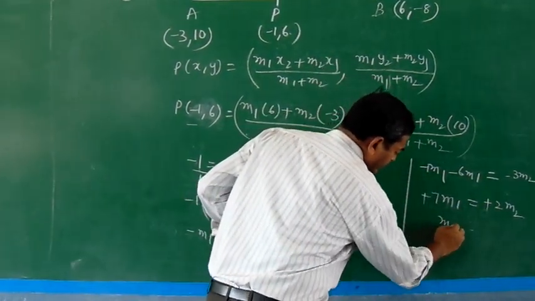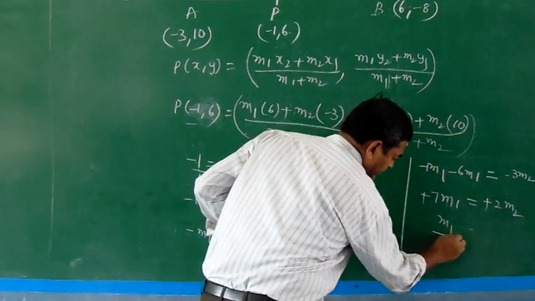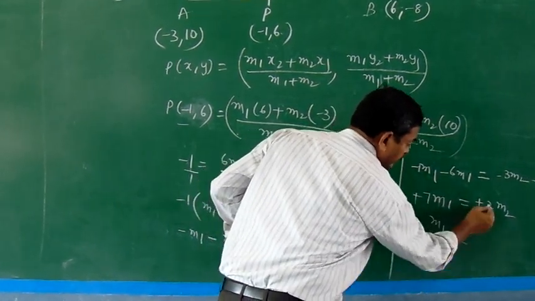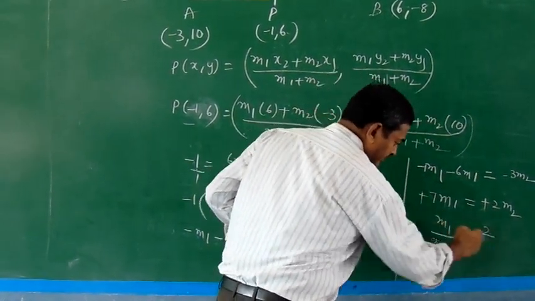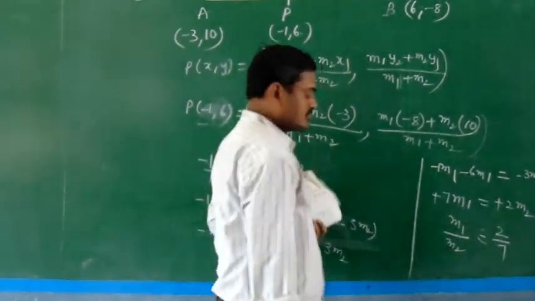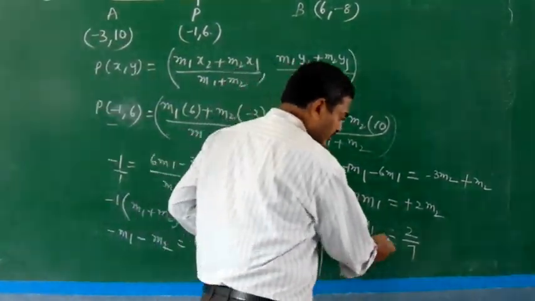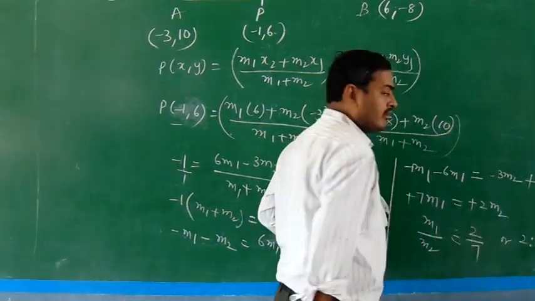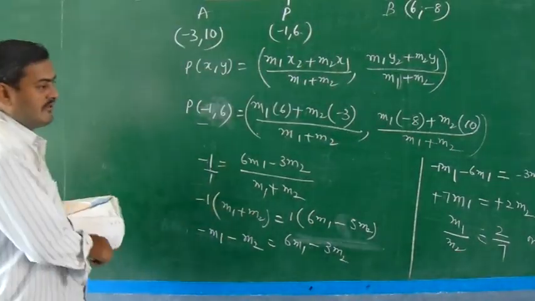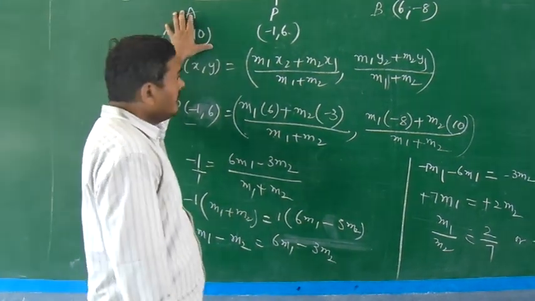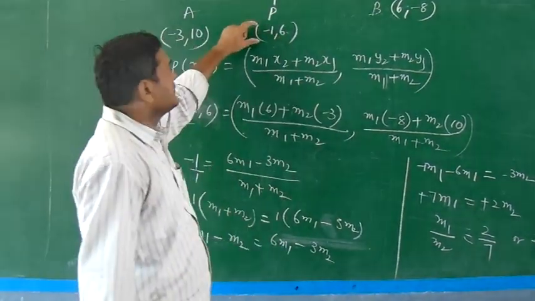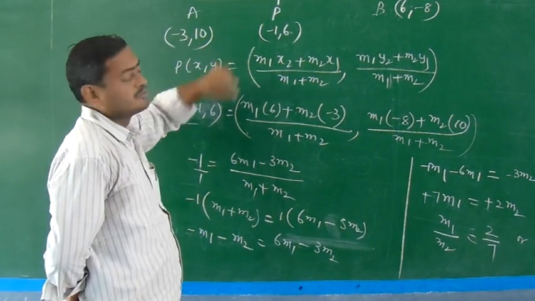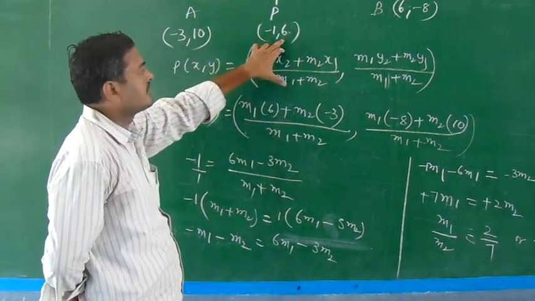Now m1 by m2 equals 2 by 7, with the 7 transposed to that side. So m1 by m2 equals 2 is to 7. So here A is given, B is given, and the section formula point P is also given: minus 1 comma 6.